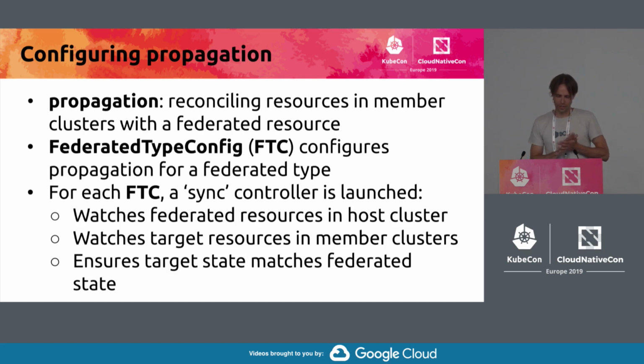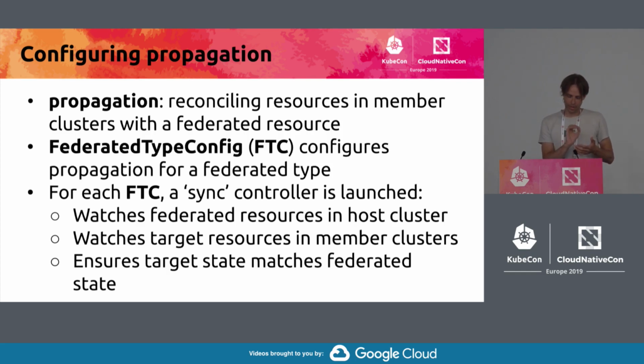Now, this is going to get a little bit more complicated, but hopefully it'll tie things together. When we talk about propagation, we're really talking about reconciling resources in member clusters with a federated resource. The way that we do that is we take the federated type config that we saw back in kubefedctl enable, and the way that it captures the API details of the two resources.